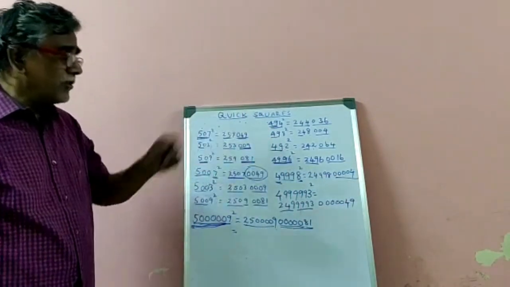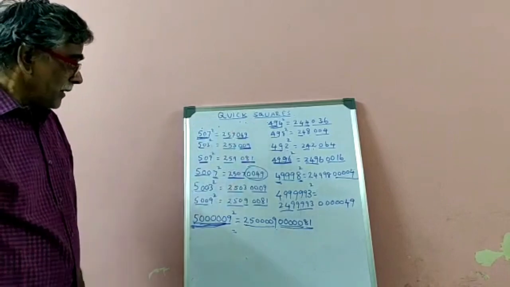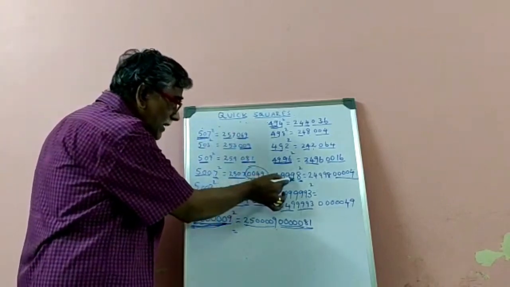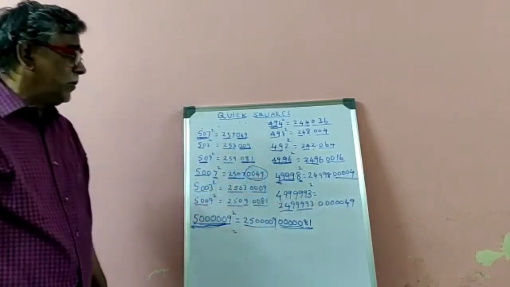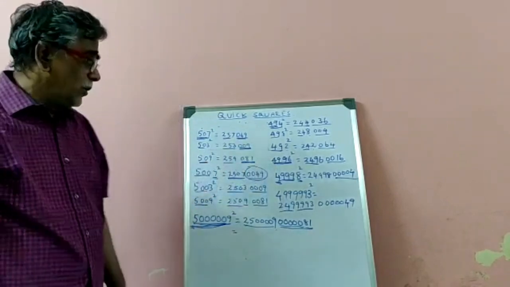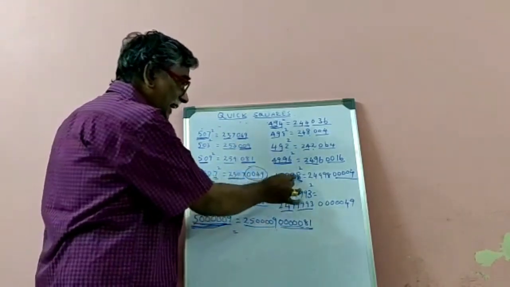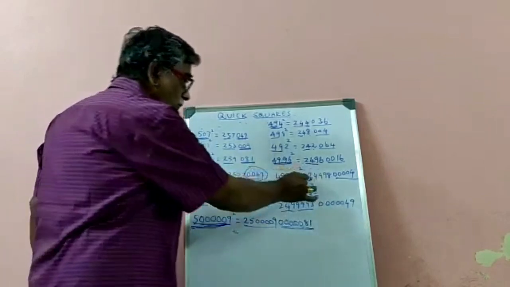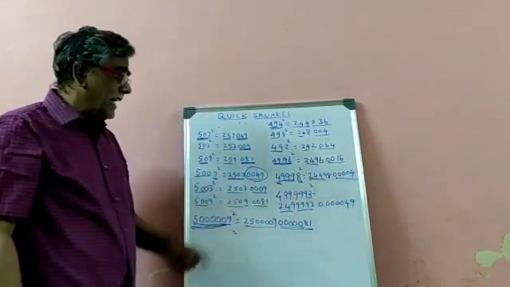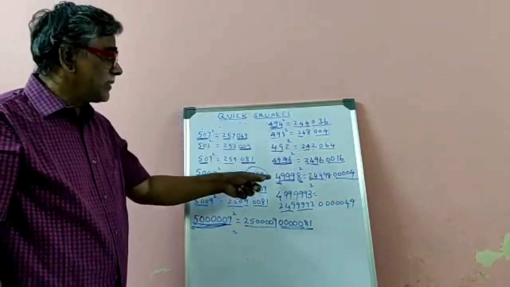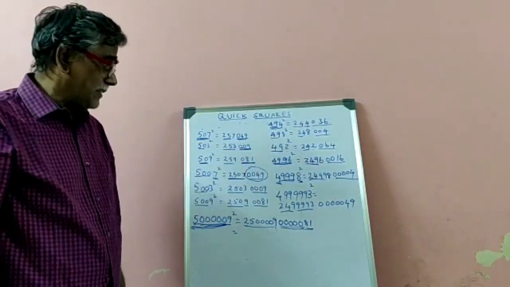You write 00004. And then you divide 4,999 by 2. You get 2499, and then write this 8 as it is. So 2499 and 8 as it is, and then 00004 is the square of 49,998.